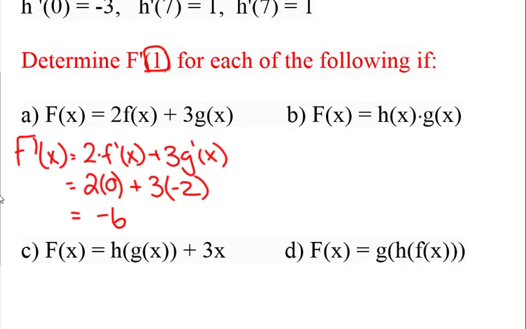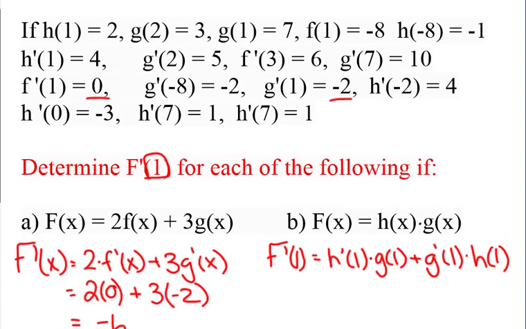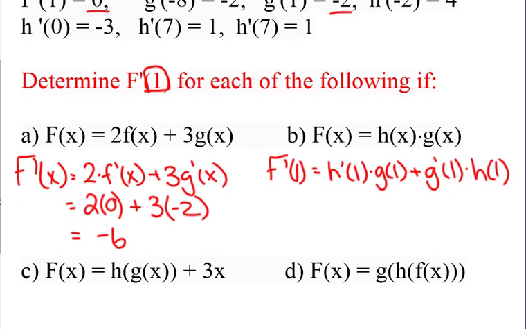Our next one, well, we're multiplying, so that's going to be a product rule. So our f prime of 1 is going to be h prime of 1 times g of 1 plus g prime of 1 times h of 1. Well, h prime of 1 is 4.